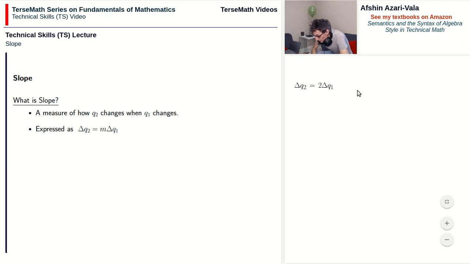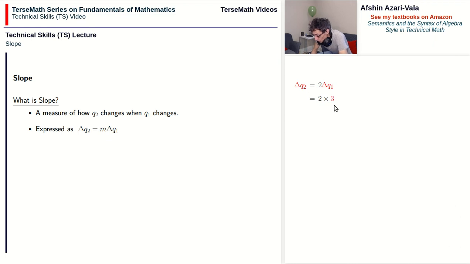As an example of that, suppose that delta Q1, the change in the value of Q1, is 3. Now, please differentiate between the actual value of Q1 and the change in the value of Q1. What we are talking about here is how much Q1 changes by. The actual value can be whatever it wants to be. Here we are talking about Q1 changing by 3.